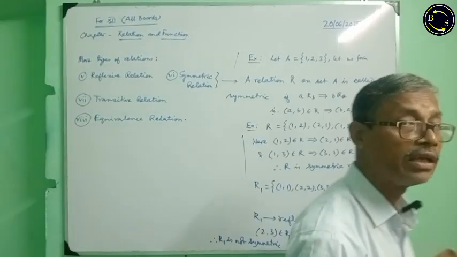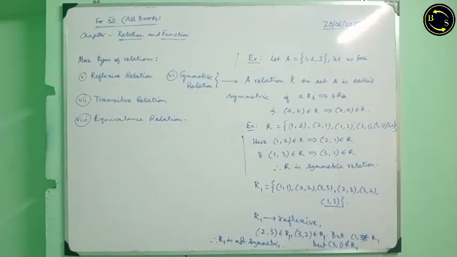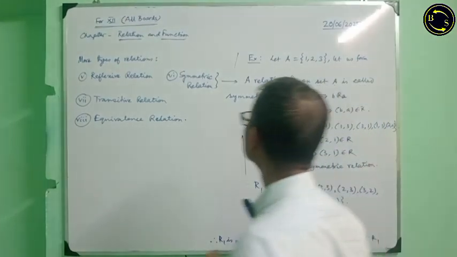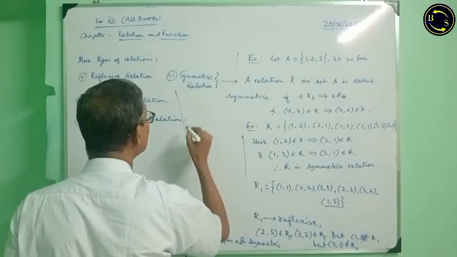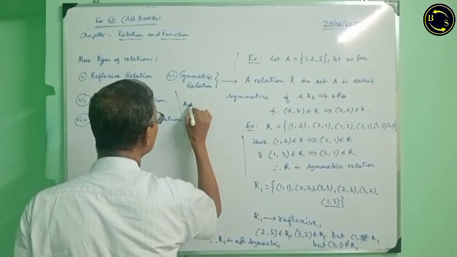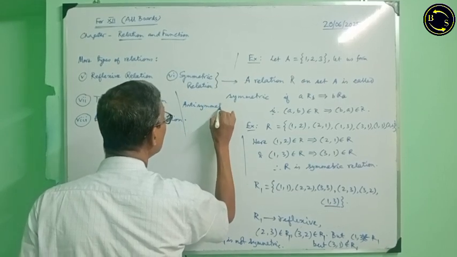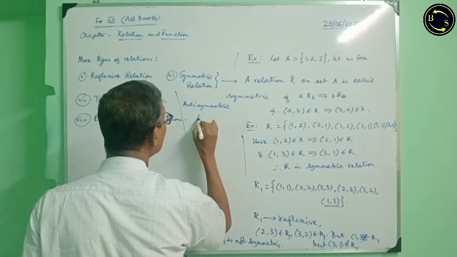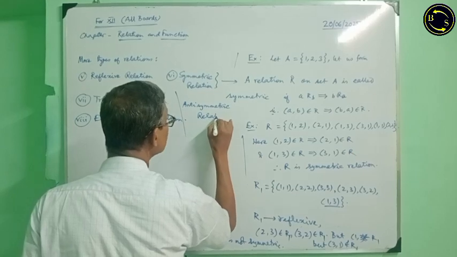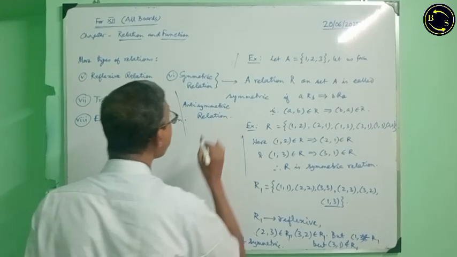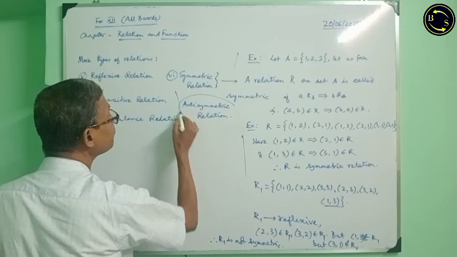Now there is another relation which is called antisymmetric relation. Let me clarify that one.